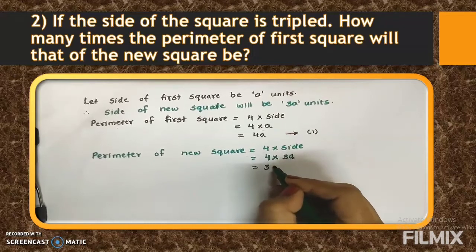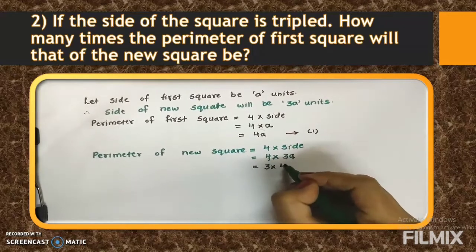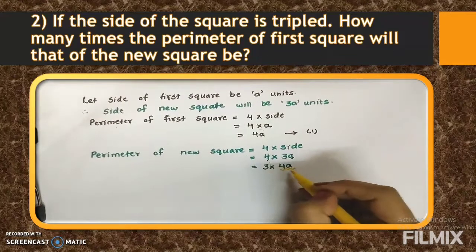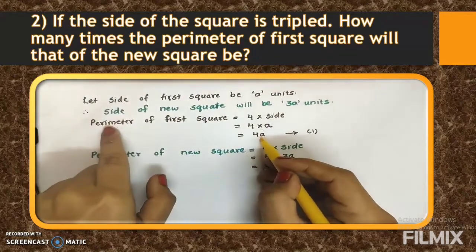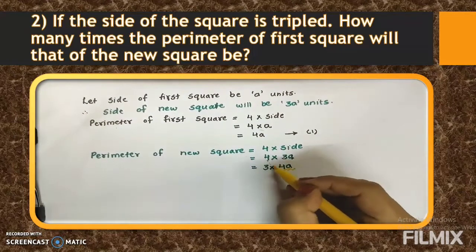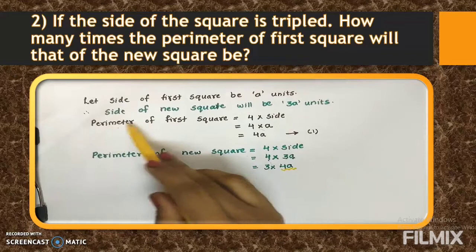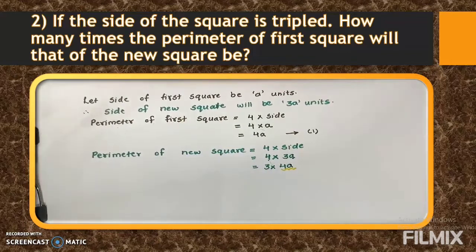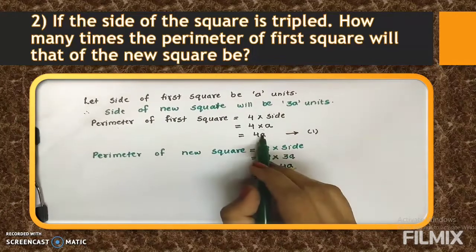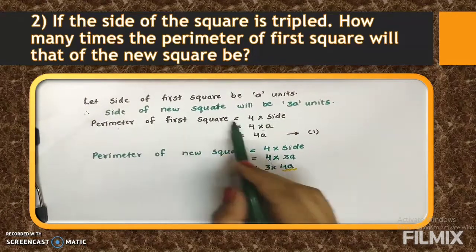Now this 4A is nothing but the perimeter of the first square. So instead of 4A we will write perimeter of first square. We are substituting its value. We will write this 3 same, and instead of 4A we write the perimeter of first square.